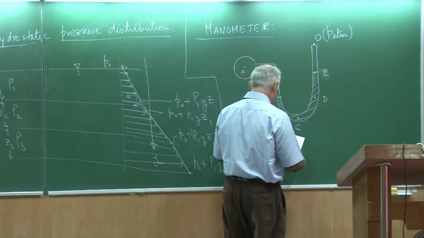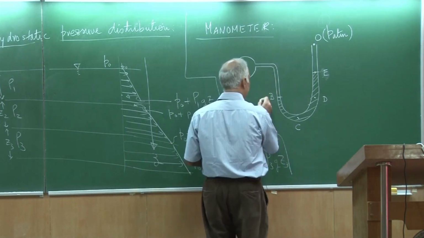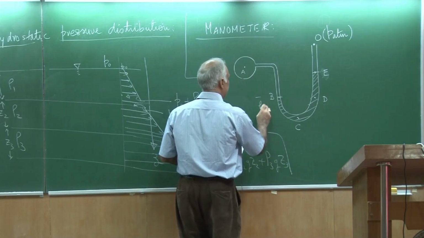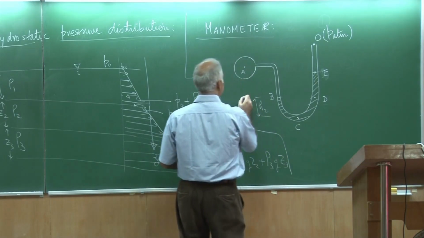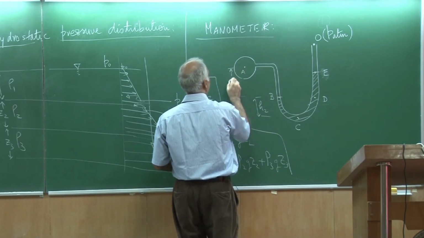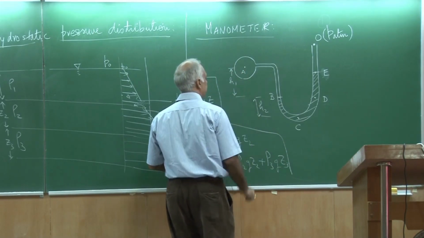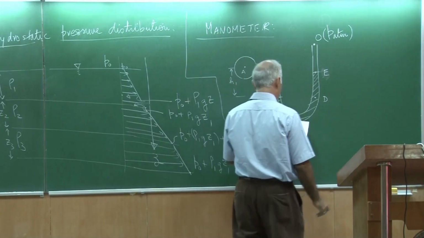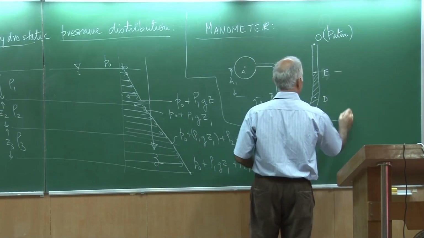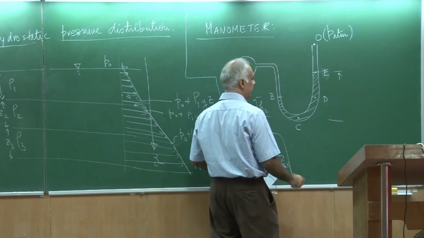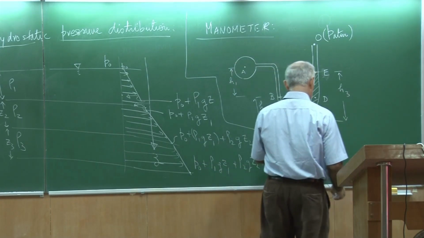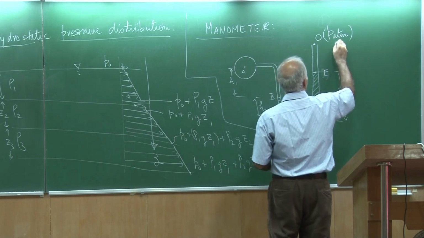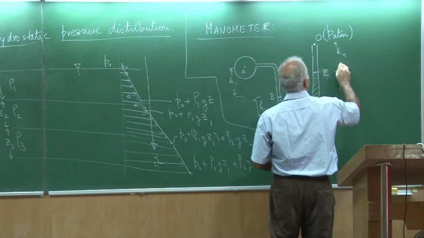I am going to mark the different heights. So, let us say this height is H2. I will try to mark this as H1. This height between E and C, let us say this is H3, and this over here is H4.